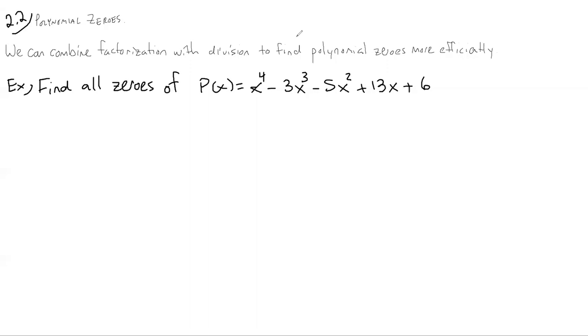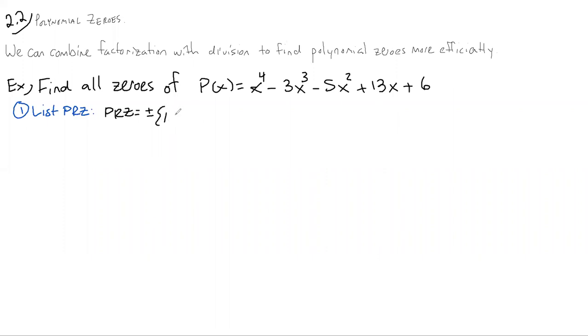To get any of these started, what we are going to want to do is list those potential rational zeros. So they're going to be plus or minus factors of the last term. Actually, for this one, since the lead coefficient is 1, I don't really even need to set up that fraction.